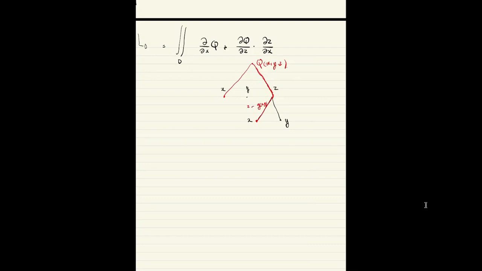You have to go through all the paths to get the partial derivative with respect to x. And of course, when z is a free variable, you don't have this part, so you only go once. That's the chain rule.